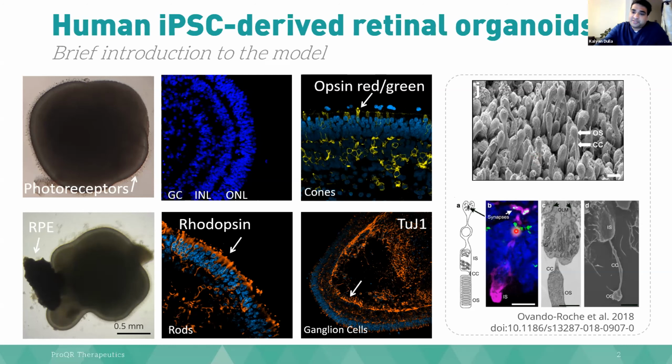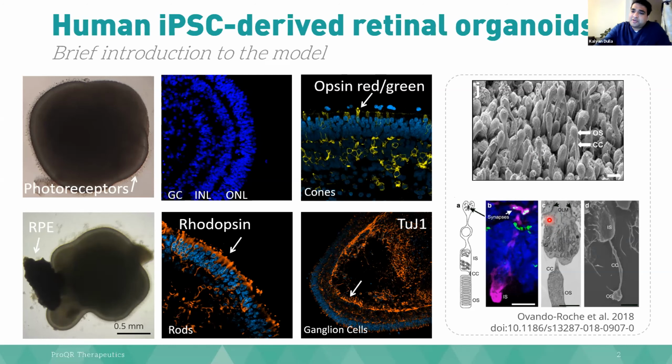Here is a cone photoreceptor stained by LM opsin in magenta, and it's a ribbon synapse stained in green. And you see this nice synapse of photoreceptor with the bipolar cells. They also contain outer limiting membrane.